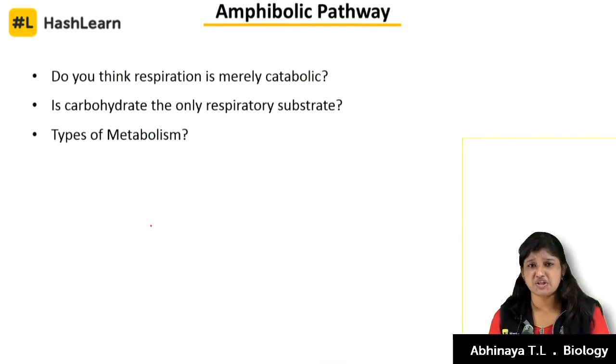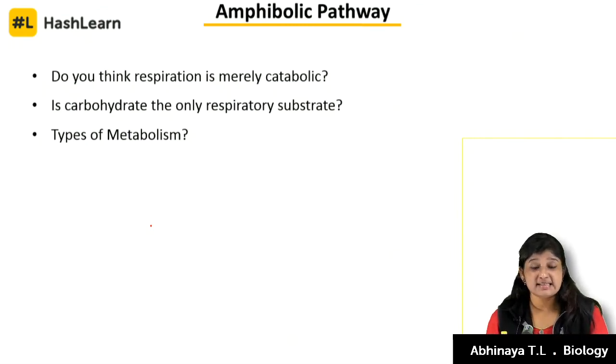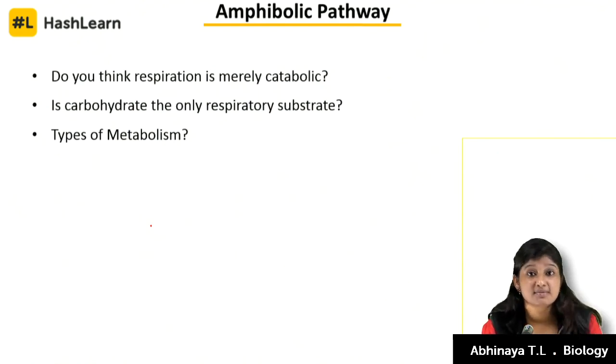When there is oxidation in terms of metabolism, we are supposed to call it catabolic because the energy is getting released. Photosynthesis is called anabolic because we use the energy to form something, but here whatever is formed is undergoing breaking down. It's broken down or oxidation, that's why it should be called catabolic. But my friends, it is called amphibolic because both catabolism and anabolism are going to take place in respiration.